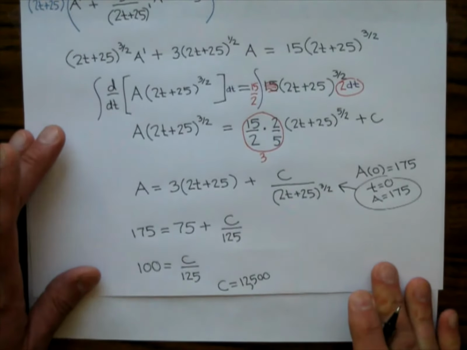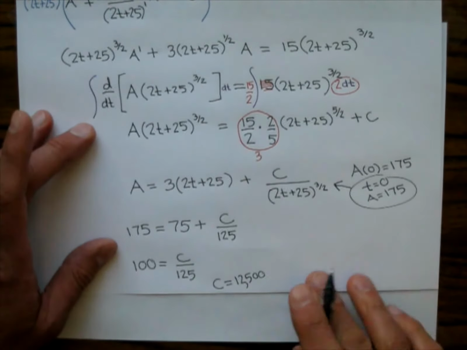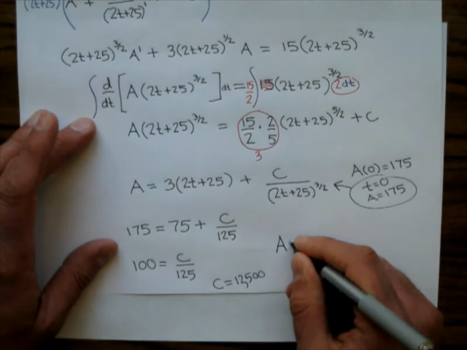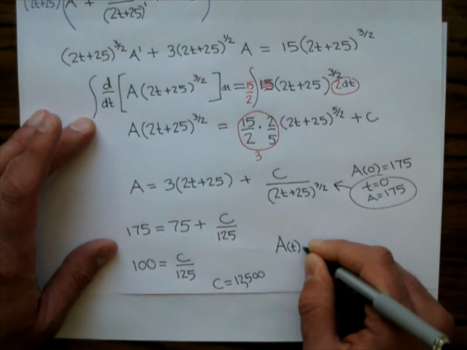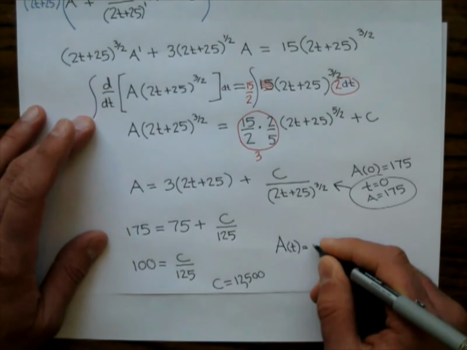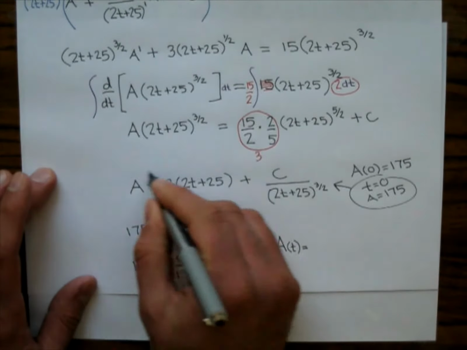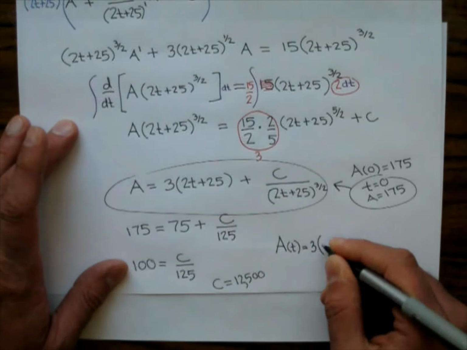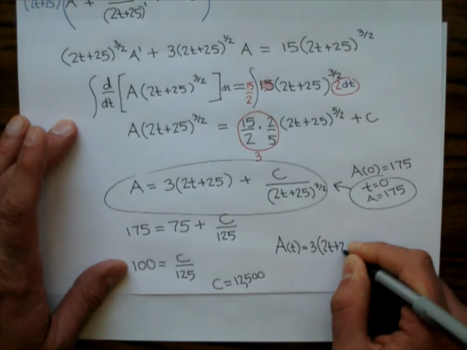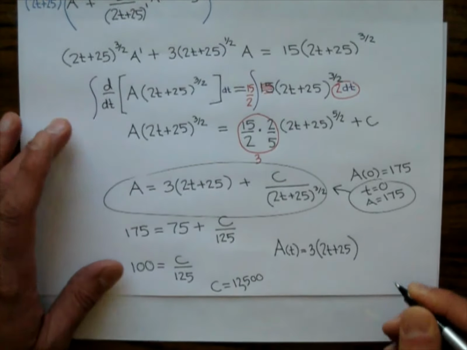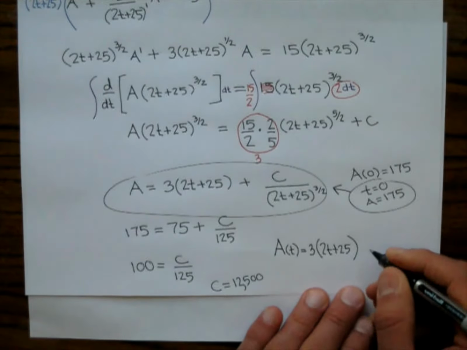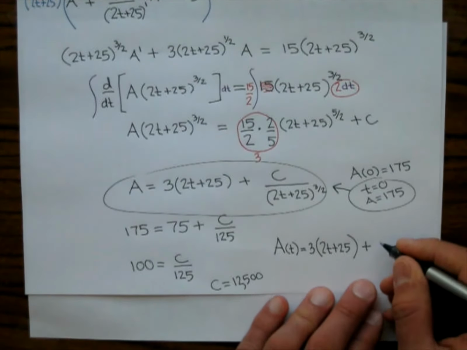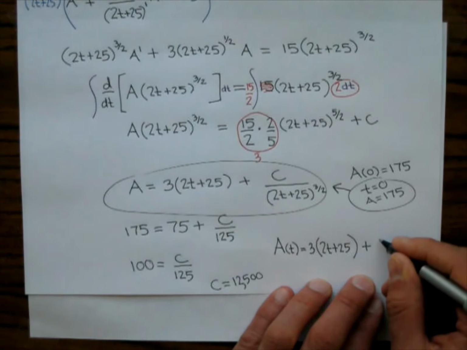So now I have my final answer. I'll put it right here. I have a little room for this. The amount of salt in the tank after t minutes is, so I'm just copying this down and putting the c in there. 3 times (2t plus 25). I could distribute that 3 if you want. But I'll never know because this is a video, so if you want to do that, too bad.